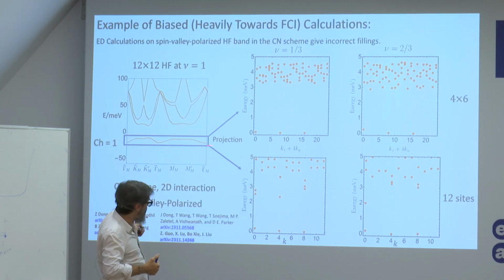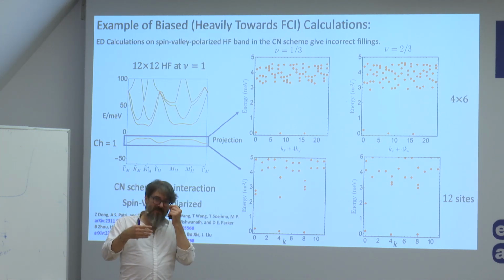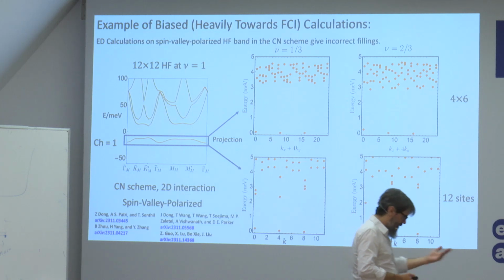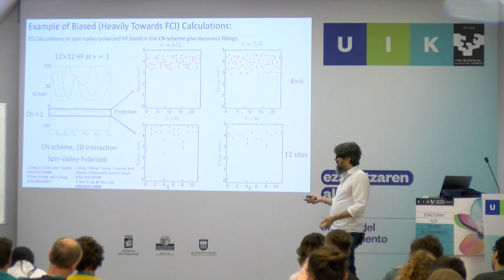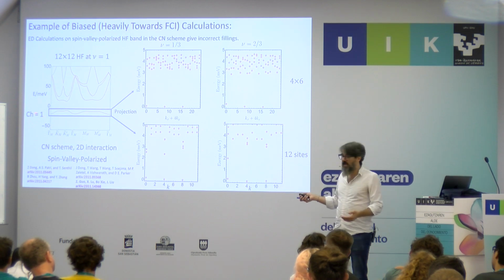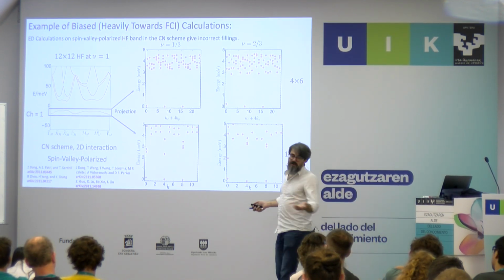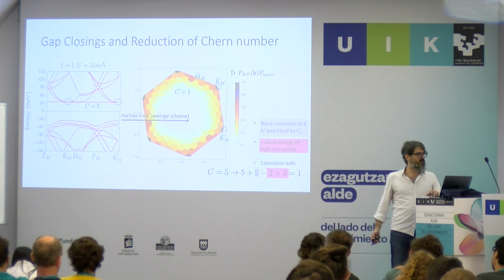Anyway, the point is you clearly can't project here, because for a projection you basically have to have the interaction smaller than the gap. This is exactly the opposite. It has to be the opposite because this band was formed by the interactions. And the third thing is the following.